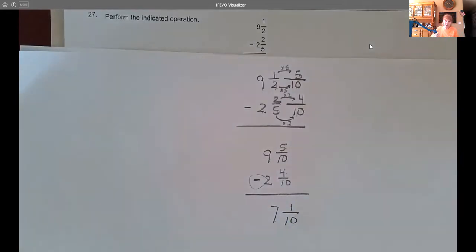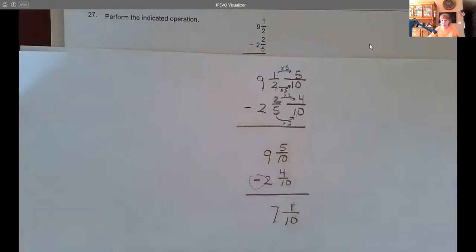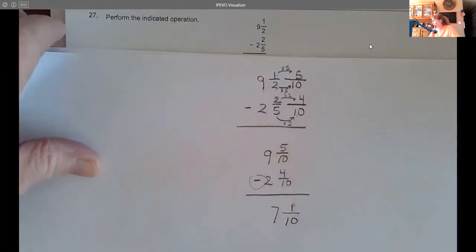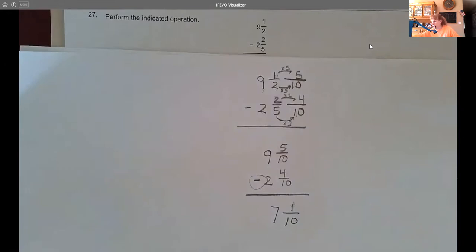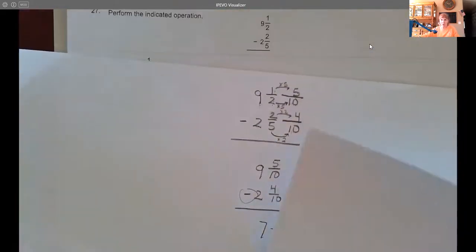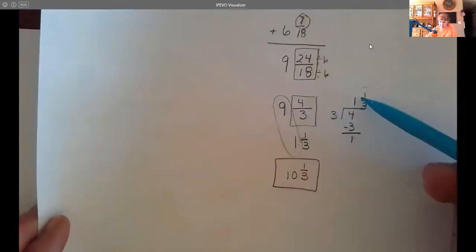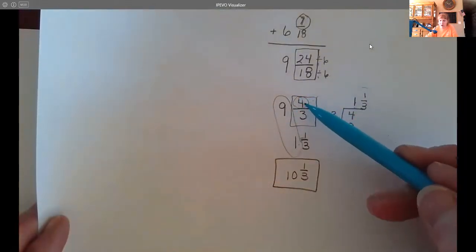Okay, are you done? Do you need to do anything with the 1/10? Well, you can't make it a mixed number, because 1 is smaller. The only time you have to do the mixed number idea is when this number is larger.